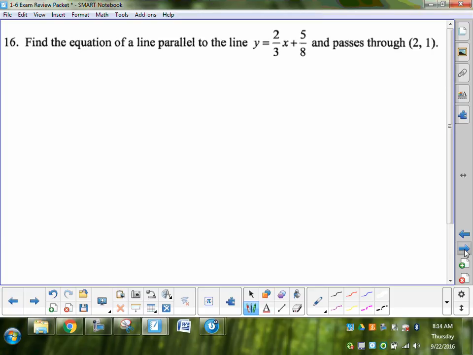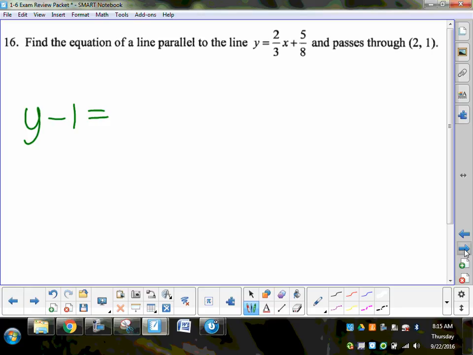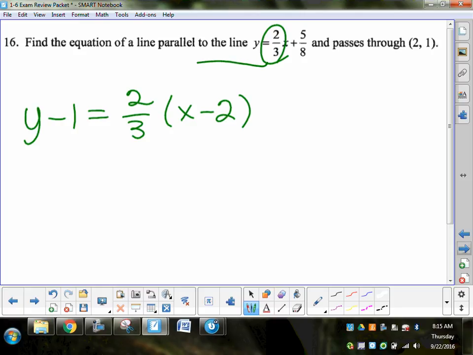What do you want to do? You do y minus 1 equals 2/3 times the quantity x. Parallel means you use that slope. Perpendicular means you have to do what? Negative reciprocal, so they meet at a 90-degree angle.